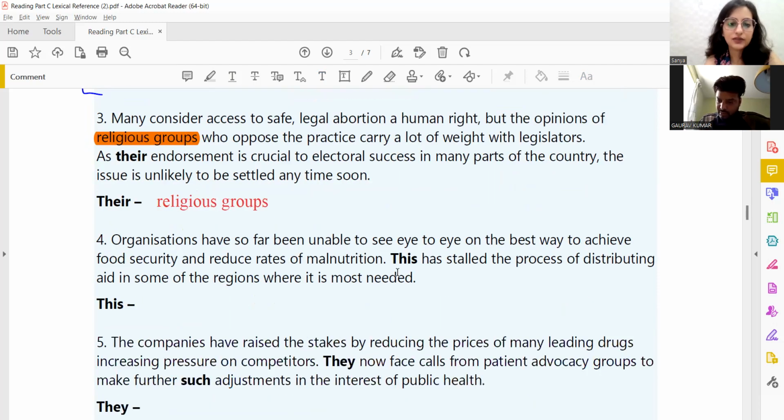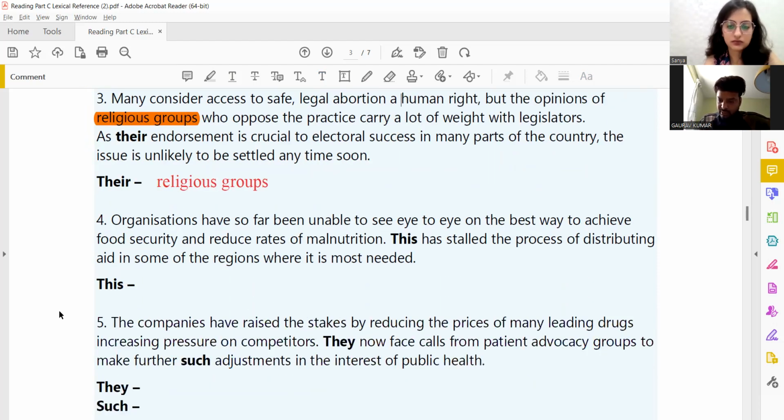That's great. Let's look at the next one. Organizations have so far been unable to see eye to eye on the best way to achieve food security and reduce the rate of malnutrition.